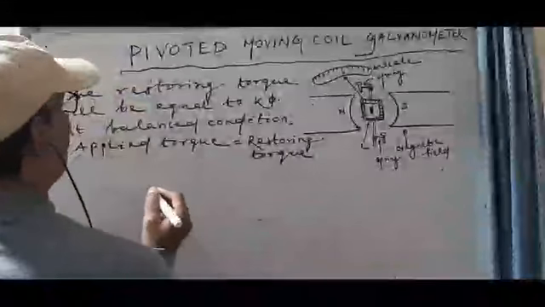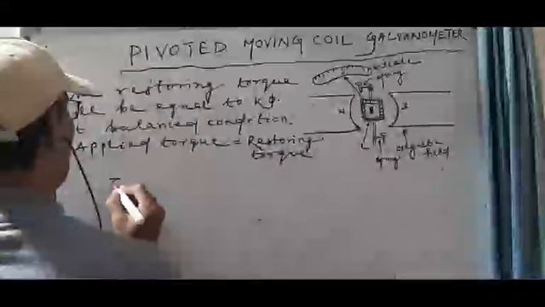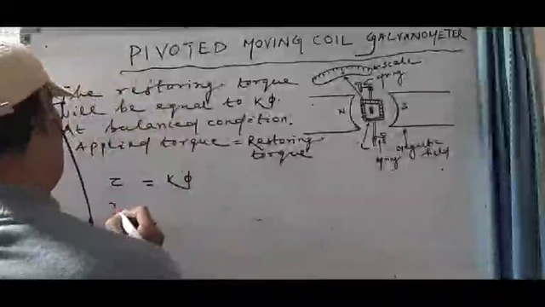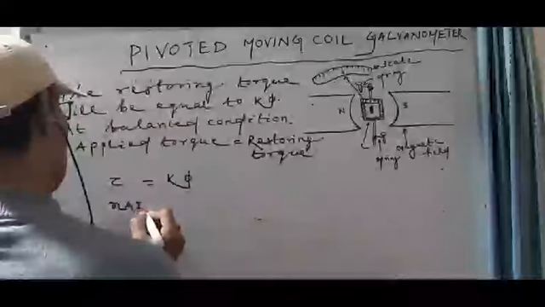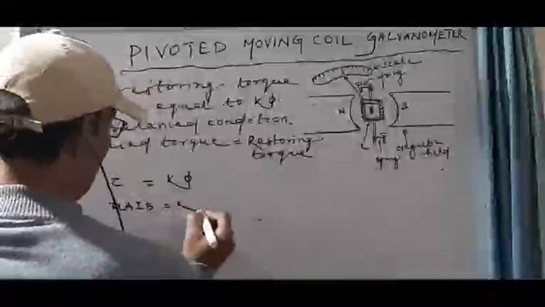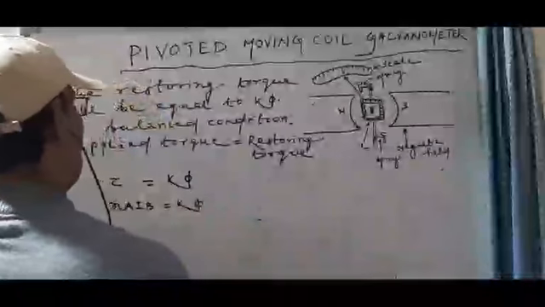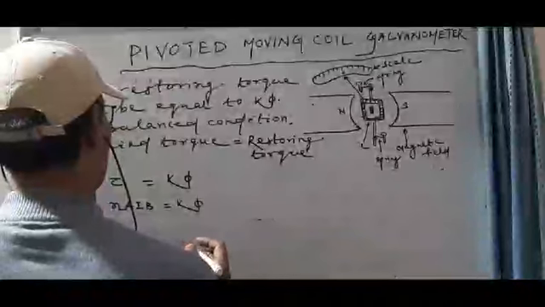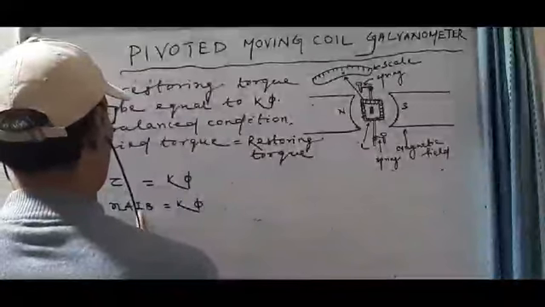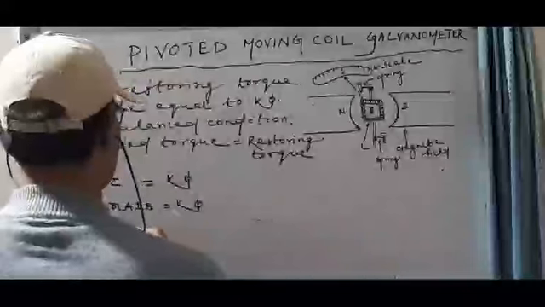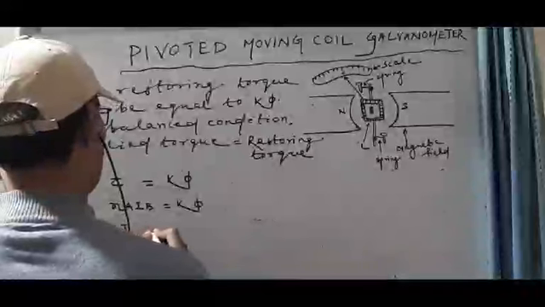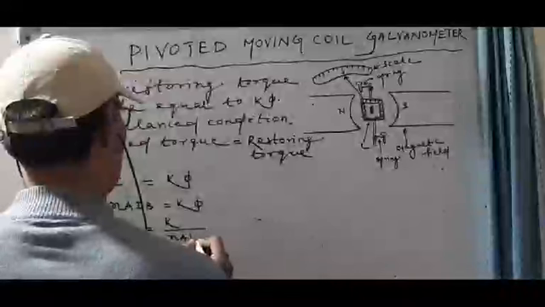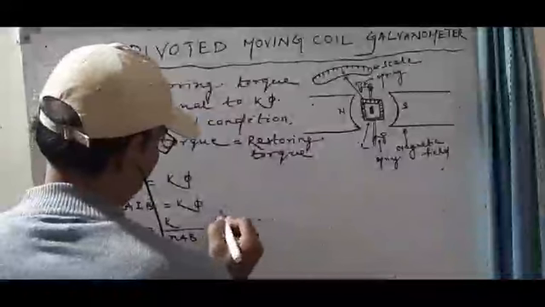That is tau. It is equal to K phi. So tau is NIAB, which is equal to K phi. So I will be equal to K upon NAB times phi.